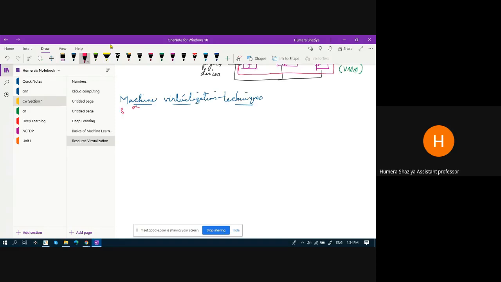They are the hosted approach and the bare metal approach.